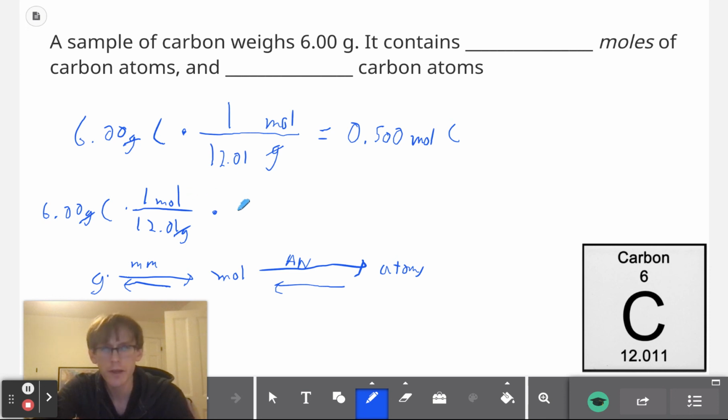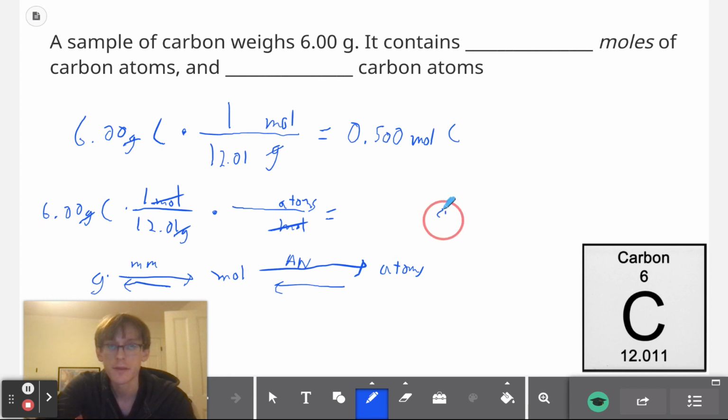Well, we're not trying to find moles, we're trying to find atoms. So I need to put atoms, where we're going, over moles, where we came from. And I'll cancel out the moles, and I will get atoms.